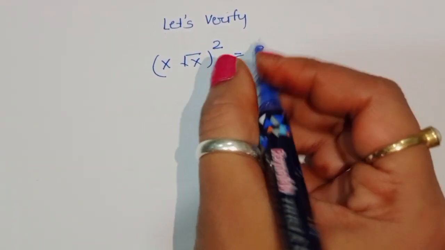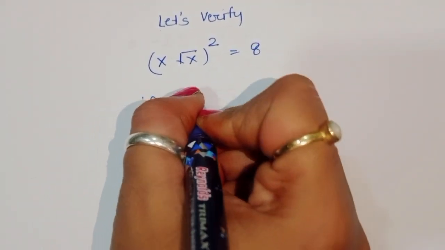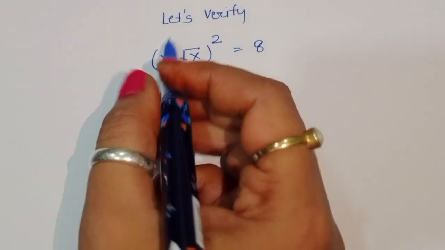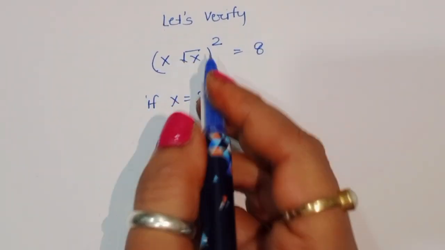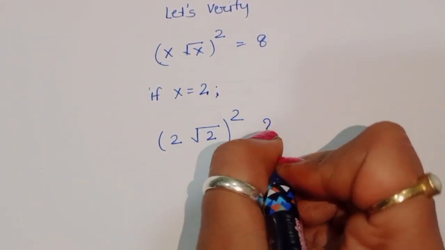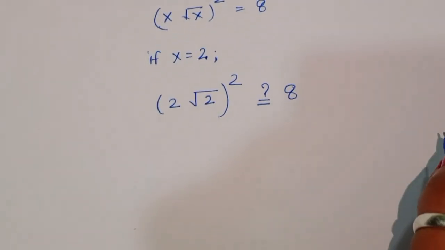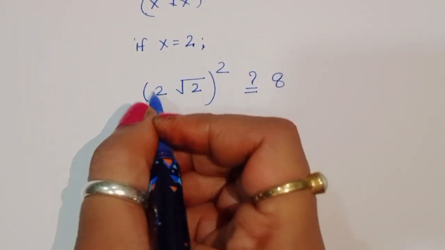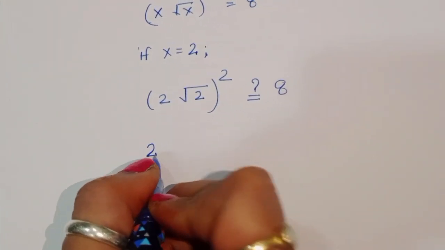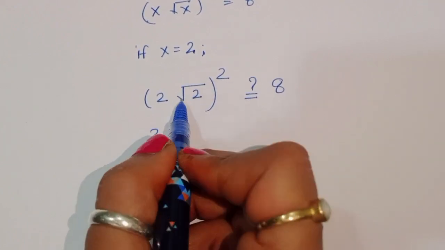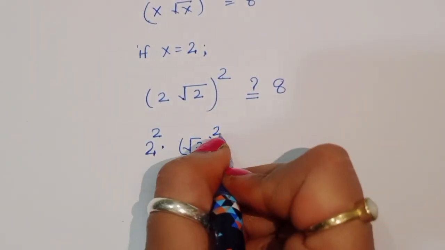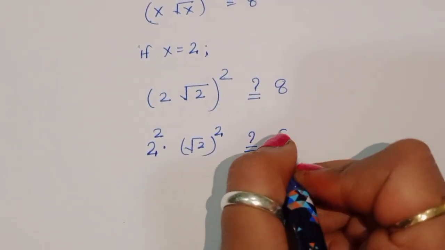If the value of x is equal to 2, we have to verify this value. Now x, that is 2, times square root of 2, whole squared, equal to 8? Right? When we separate this term and take the square separately, we get 2 square times square root of 2 squared, equal to 8?